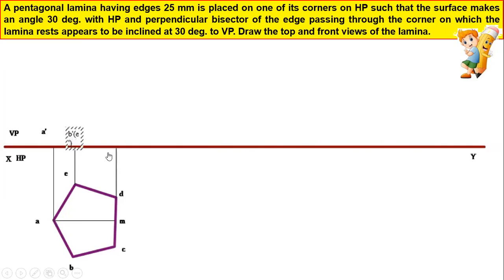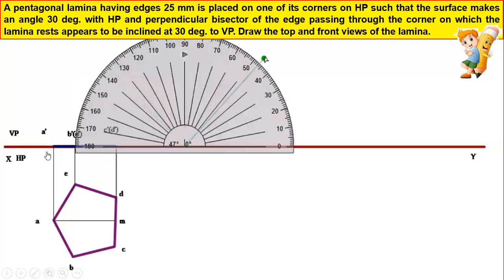Name the front view. The front view will appear as a straight line. A is visible, B is visible, C is visible, whereas D and E will be hidden. Whichever is hidden has to be written within the bracket. And from A dash to C dash, represent through the visible line.